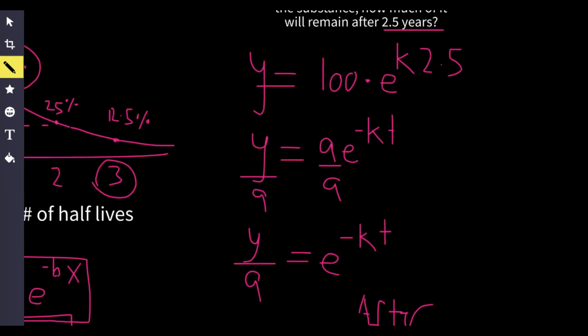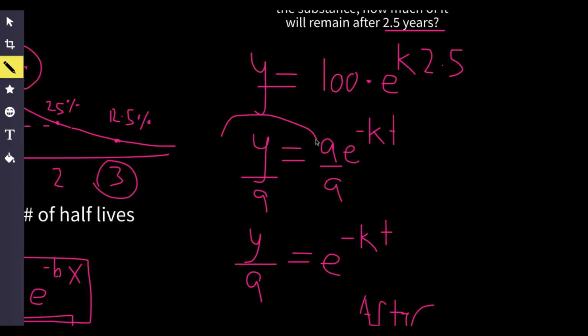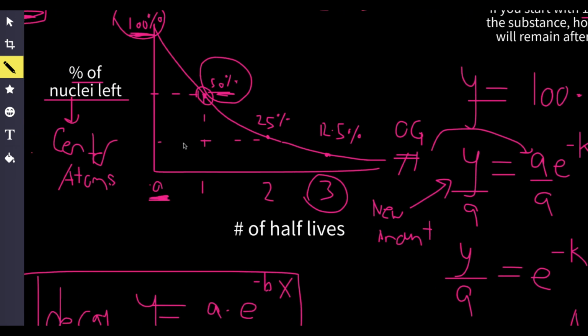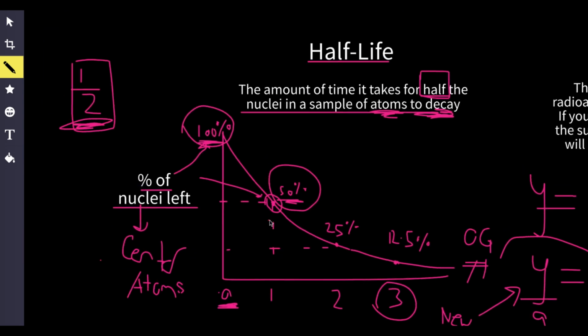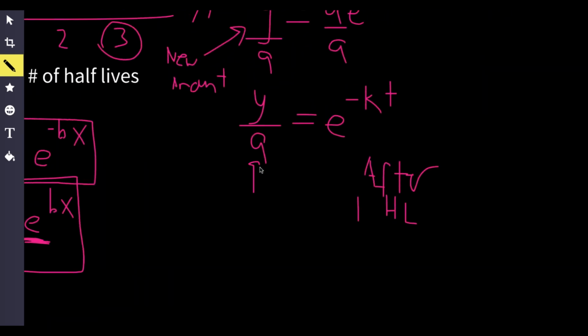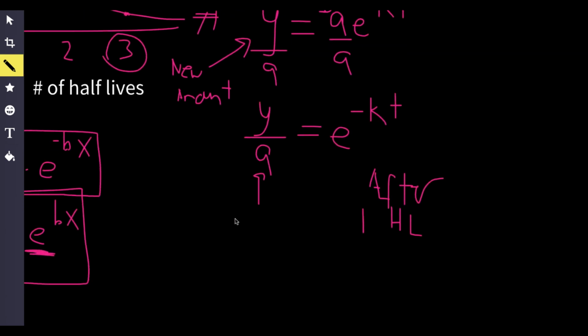In our exponential equation, a represents our original amount, our OG amount, and y is equal to the new amount. So after one half-life, the ratio of the new amount to the original amount, y over a, has to be 1/2.